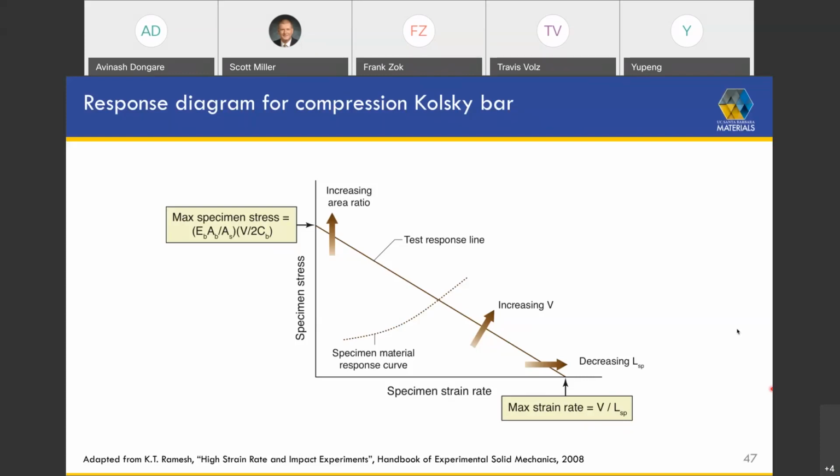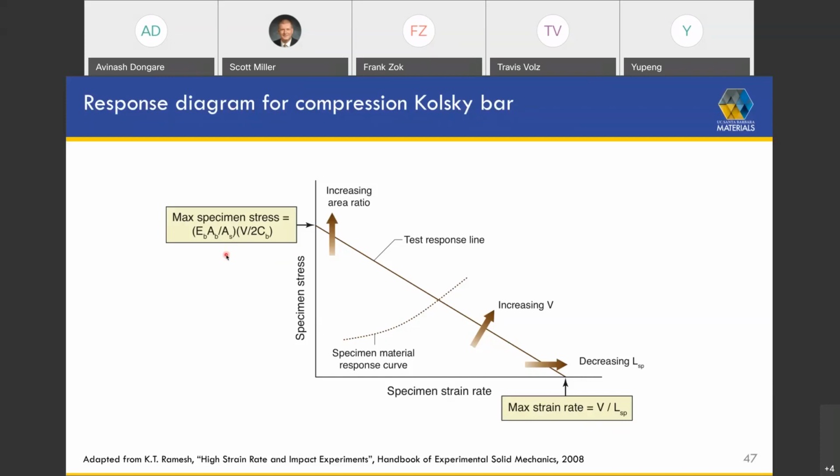Now that assumes, of course, that the cross-sectional area changes uniformly along the entire length of the specimen and that there are no friction effects. So you commonly will make a correction to the area of the specimen, which will depend on the strain that you put into the specimen. And that's a very easy and straightforward adjustment to make.